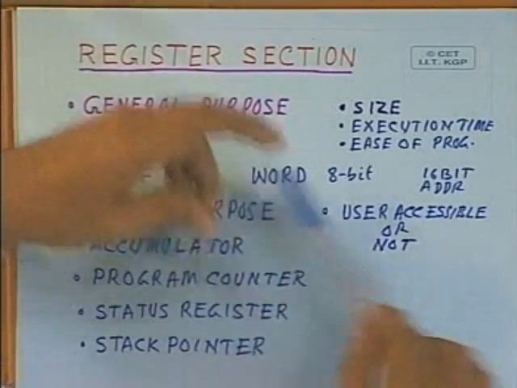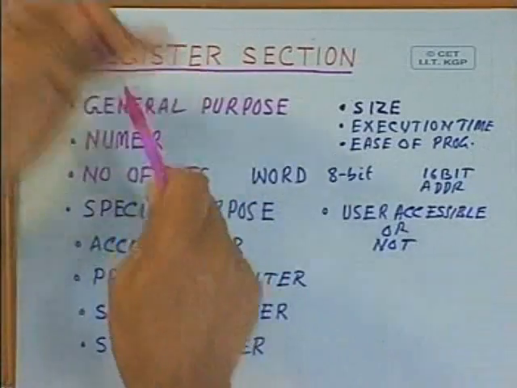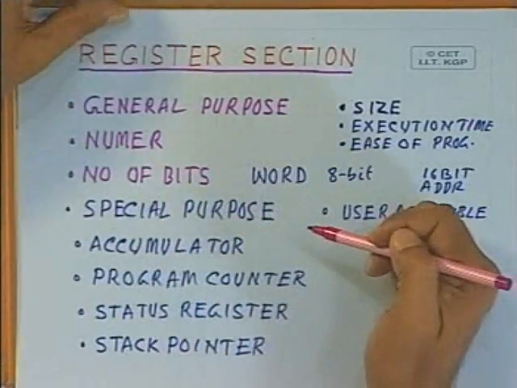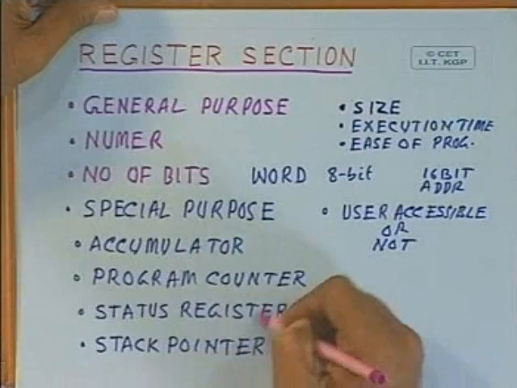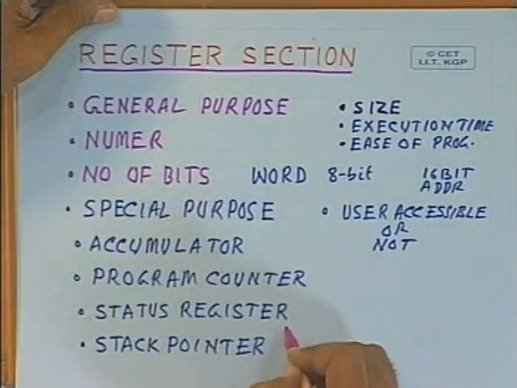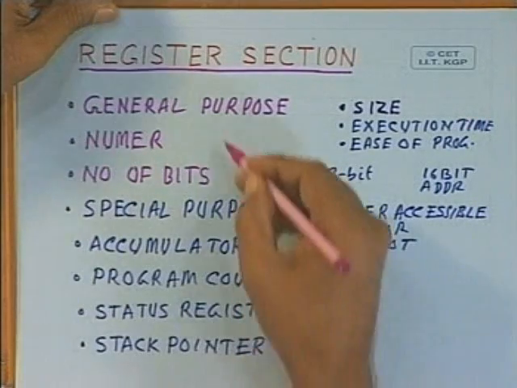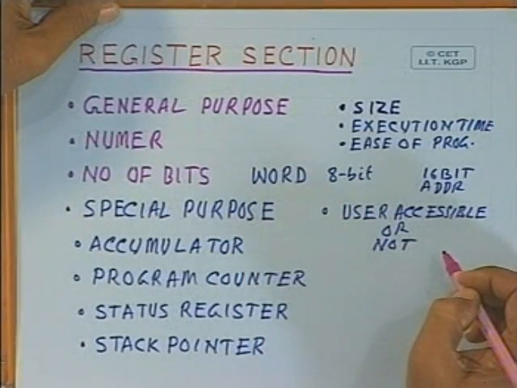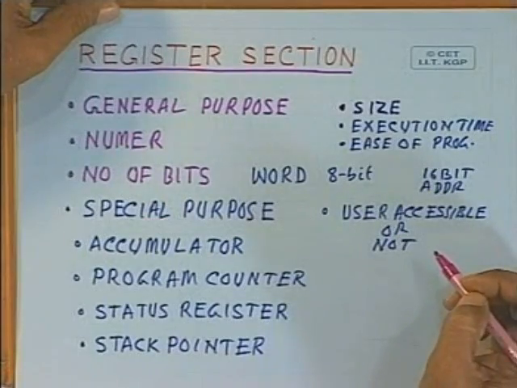The registers that we have discussed so far, for example, these general purpose registers and the special purpose registers, that is your accumulator, program counter, status register, stack pointer, all these are user accessible. By that I mean, with the help of a program, with the help of various instructions, you will be able to access them, read them, and write onto these registers. So that's why it is called user accessible.